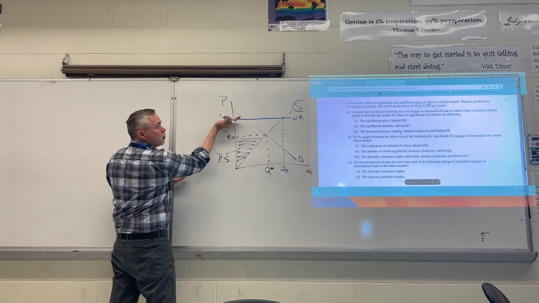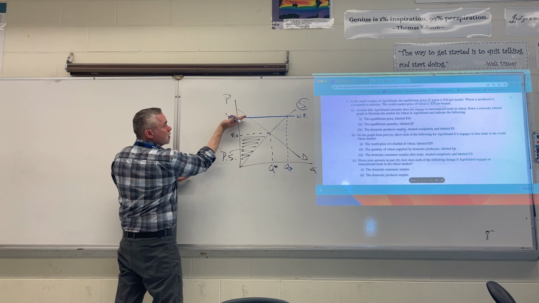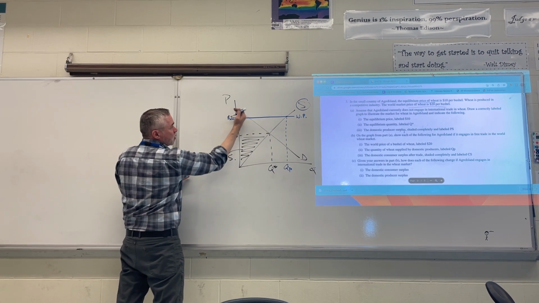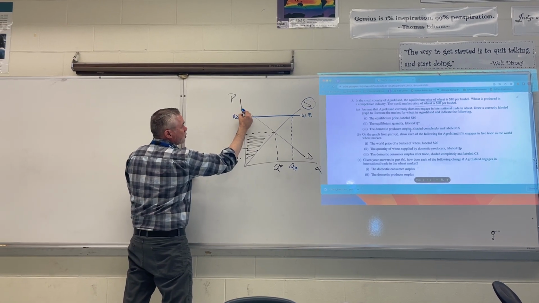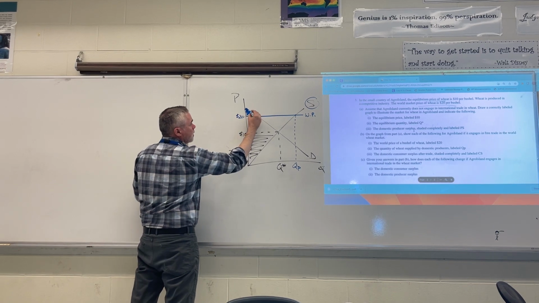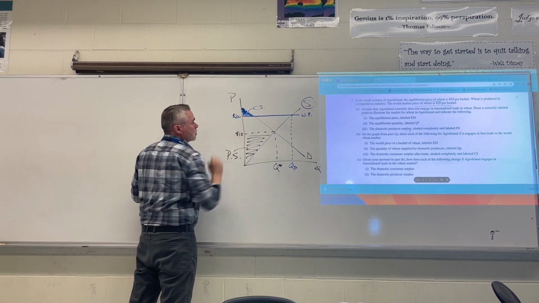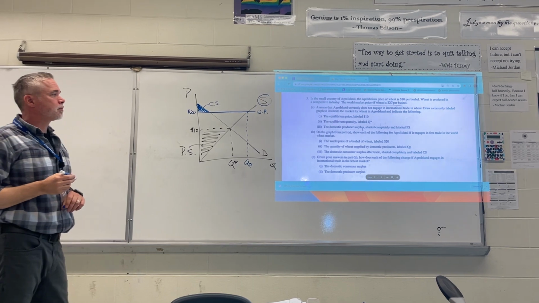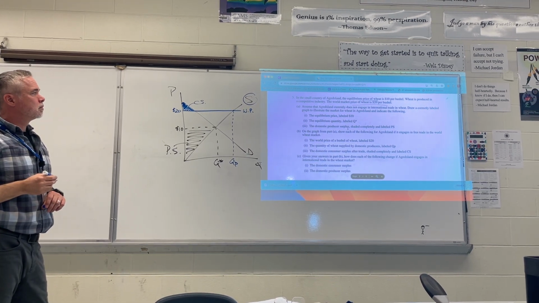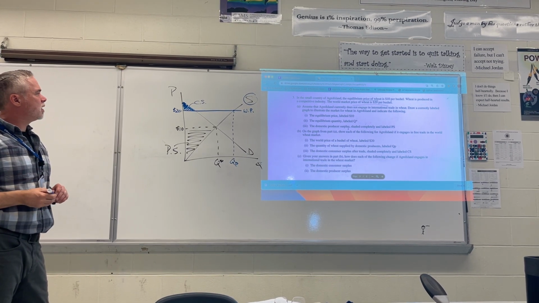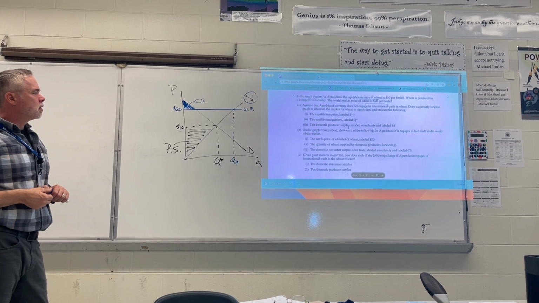At $20, your consumer surplus is above $20 price line below demand. So it's going to be this little triangle right here. That's your CS, your consumer surplus. So that's A and B together on that graph.